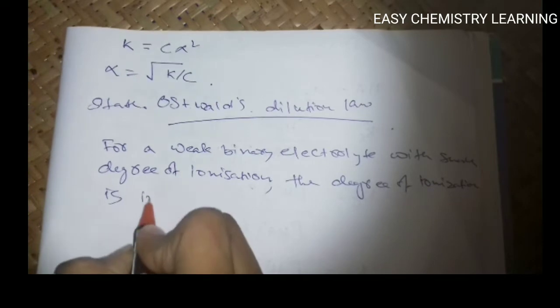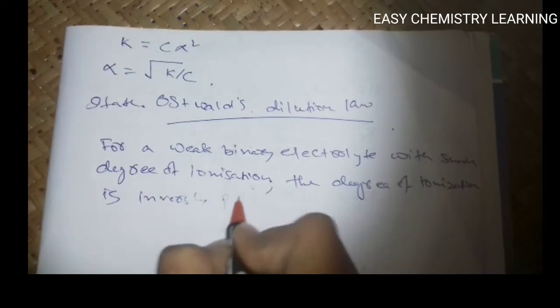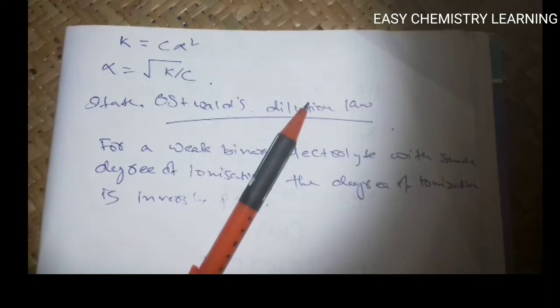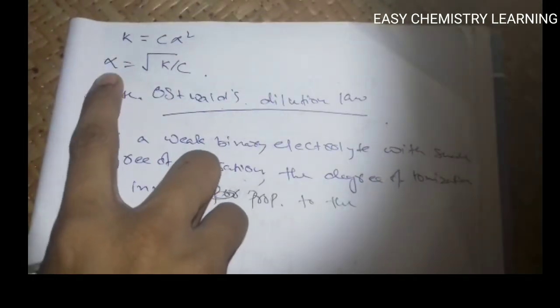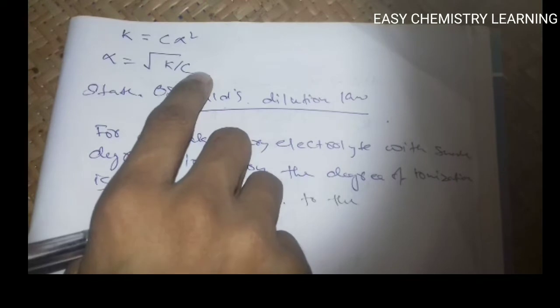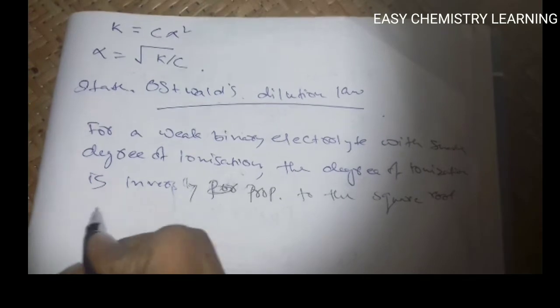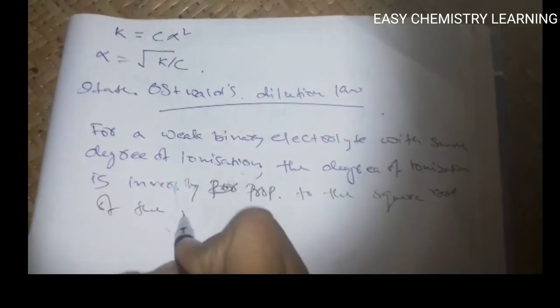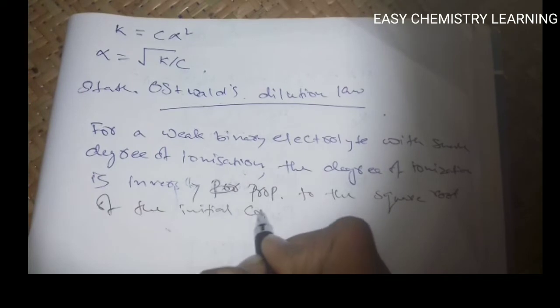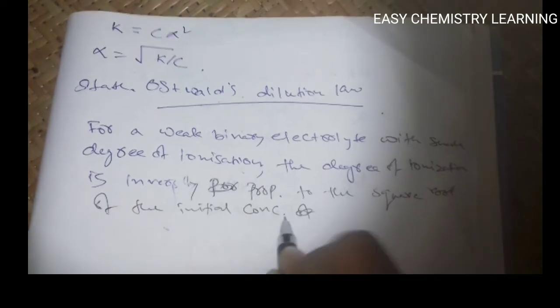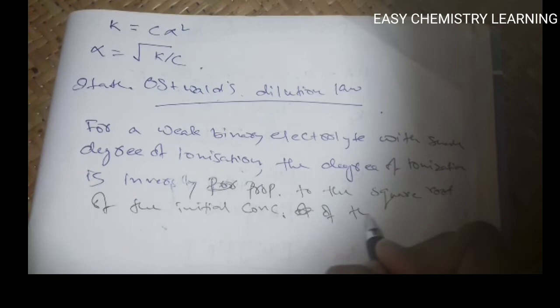is inversely proportional to the square root of the initial concentration of the electrolyte.